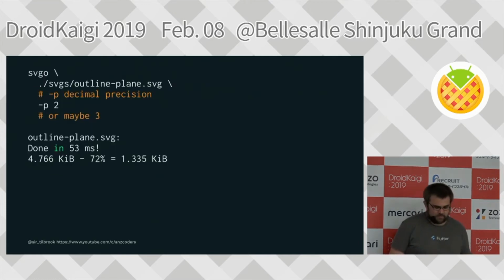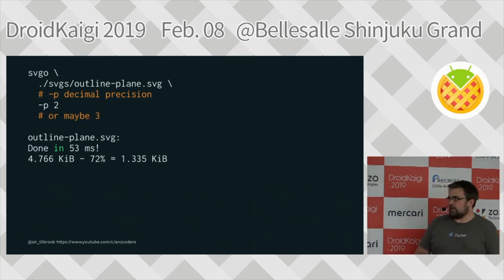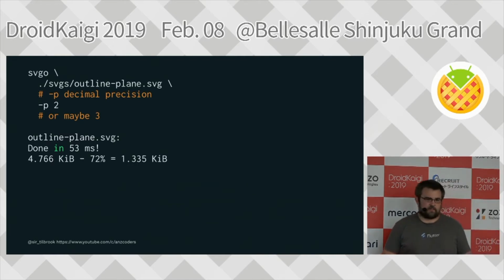So let's run this through the optimizer and have it strip everything down to 2-point precision. Whether you pick 2 or 3-point precision is up to you. For icons that are just 24 or 48, 2-point precision is fine. If you need to do larger sizes, where you might see some artifacting around the edges, then maybe 3-point precision.